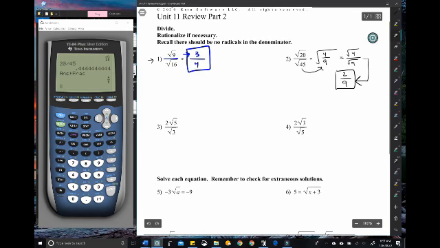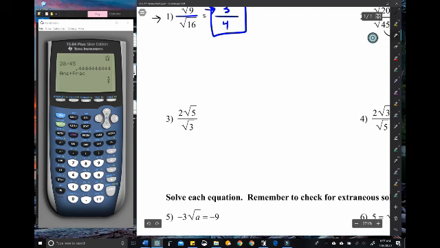For number 3, 5 and 3 are not going to simplify any. But we don't want that radical in the denominator. That's a problem. So remember, we need to rationalize. And we do that by multiplying by the square root of 3 over the square root of 3. What that does is, we have 2 roots of 5 times the square root of 3.